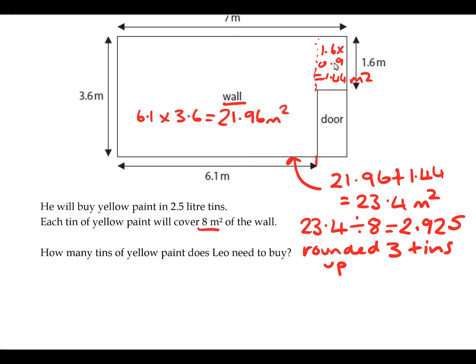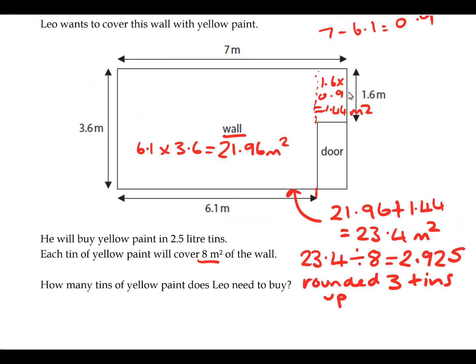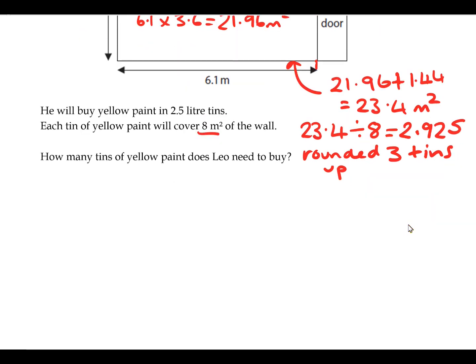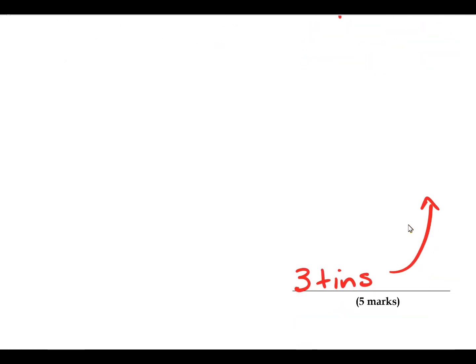So the calculation of the 2 areas will have 2 or 3 marks associated with it, and then the total area divided by how much one tin covers to tell us how many tins we need, and then using common sense to round up. So that's a 5-mark question.